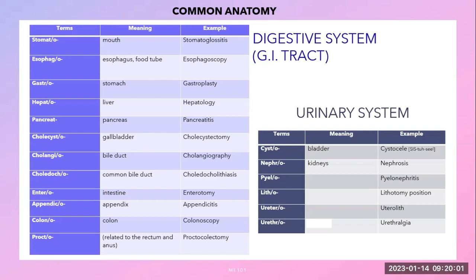And then pyelo, we have pyelonephritis. So what does it mean? I usually use pyelonephritis for inflammation of the kidneys, especially when they have bacteria in there and cause infection. So we call it pyelonephritis.